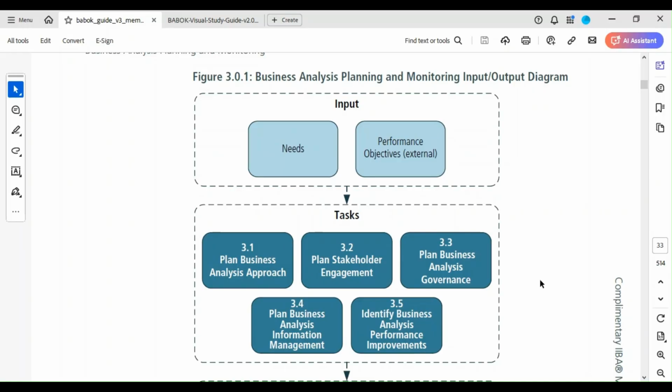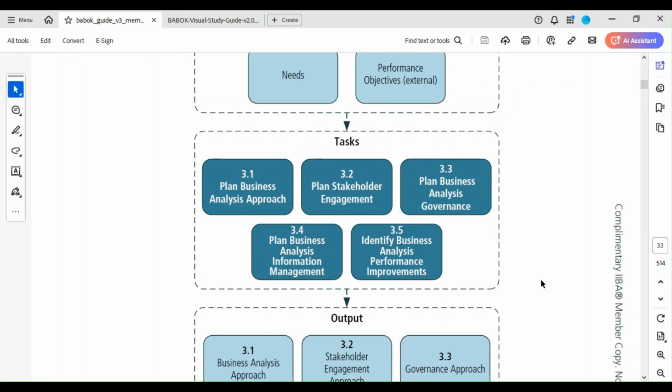Then what are the tasks to be performed? The tasks to be performed here are these: plan business analysis approach, that is number one. Plan stakeholder engagement. So when you plan your approach, that is whether it is going to be waterfall or agile, you now go ahead to plan how you are going to engage with your stakeholders.